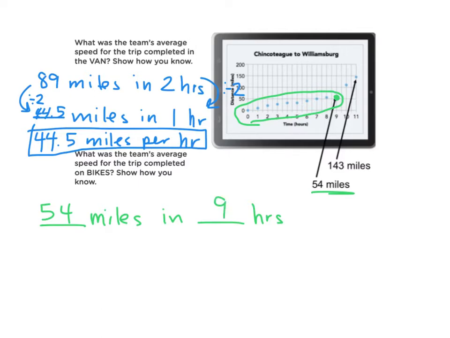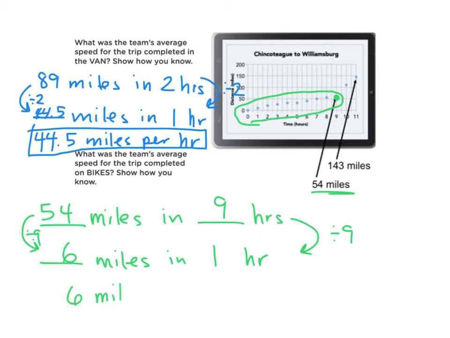And we want the speed, so we want how many miles in just a single hour. So to get from 9 down to 1, we're going to divide by 9. And over here we'll divide by 9, and we would end up with 6. So 6 miles per hour.